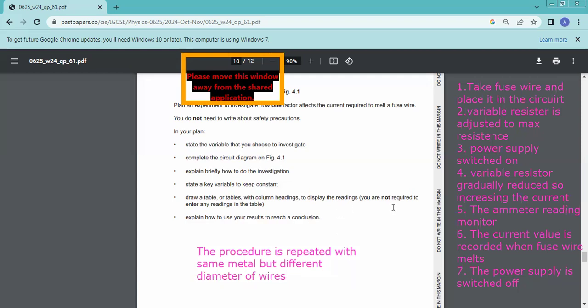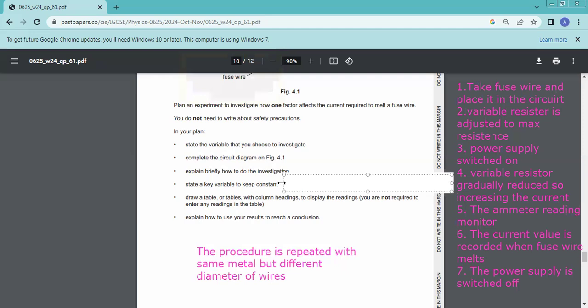Now the next thing is to state a key variable to keep constant. The key variable would be the type of metal and the length of the fuse wire. So the constants are the length of the wire and the metal.